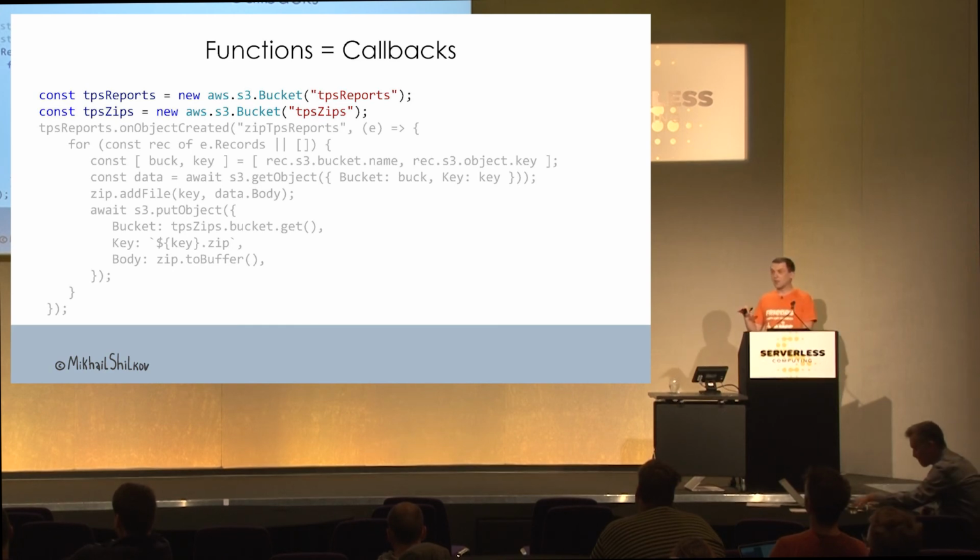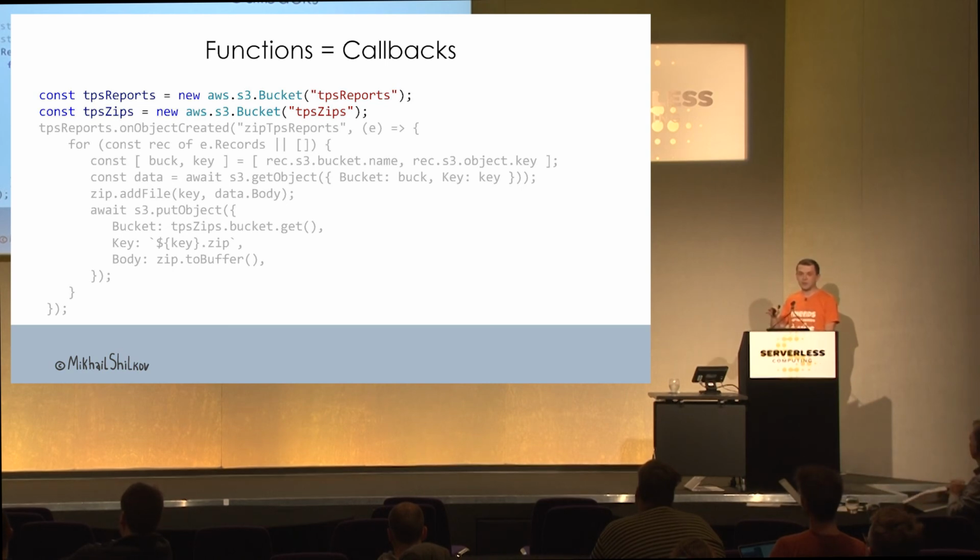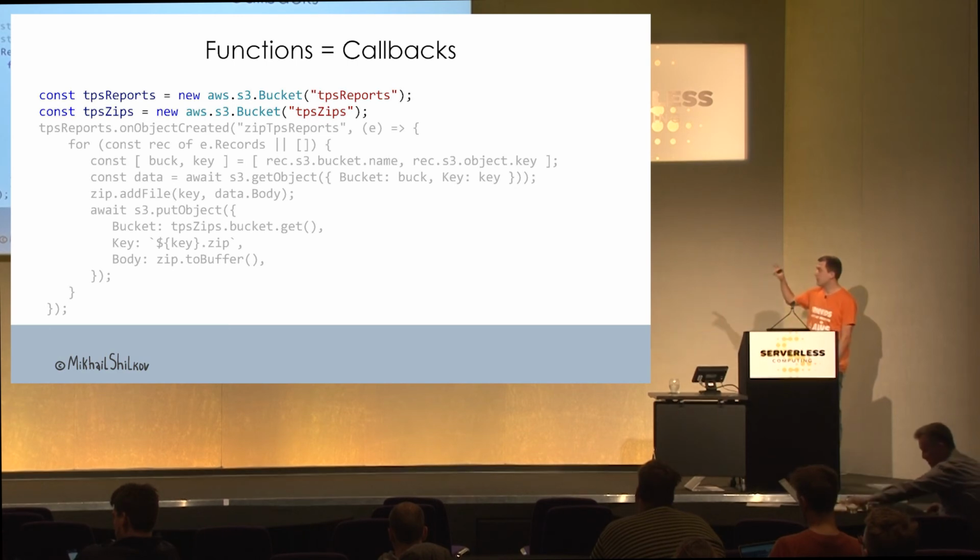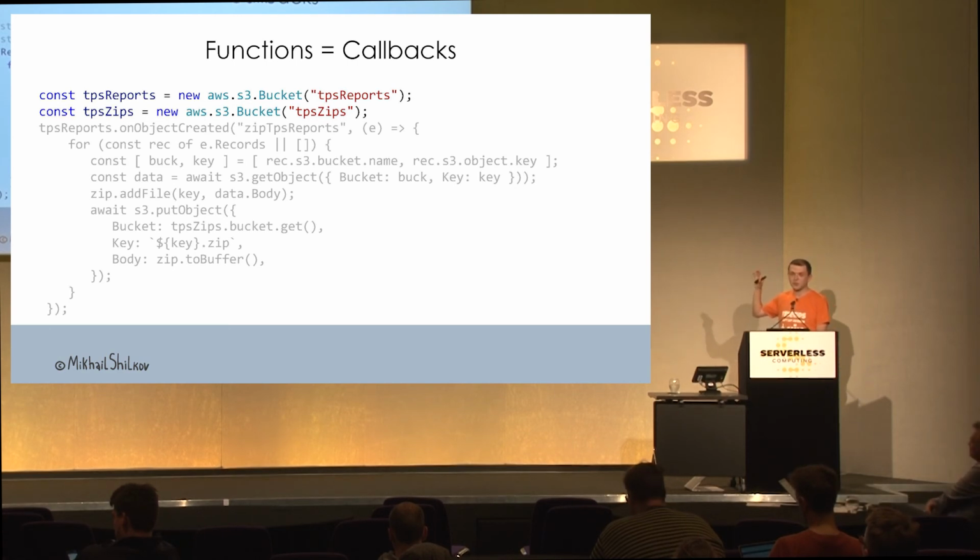You can say bucket on object created and then give it a callback where you take the incoming document, you preprocess it, you zip it up, and you send it to the output bucket. And then it's the responsibility of the tool to take this code, to package it correctly, to zip it up, to put it into AWS, instruct it to run the Lambda properly, and so on.